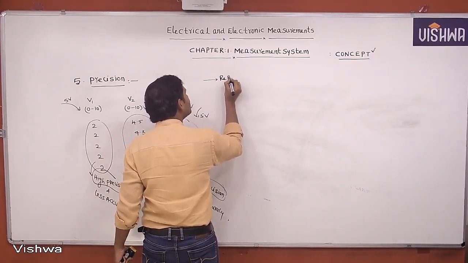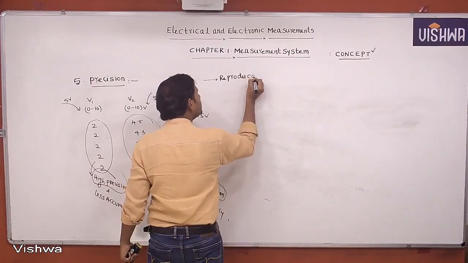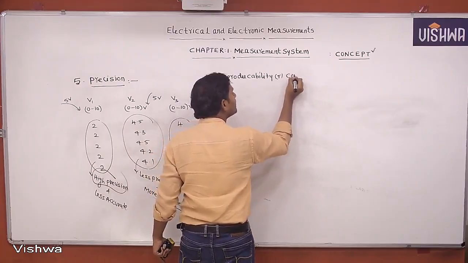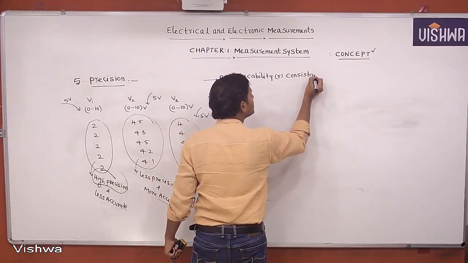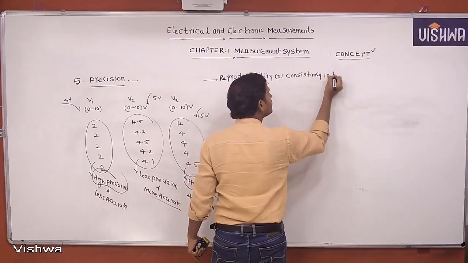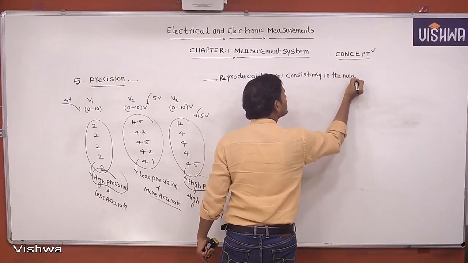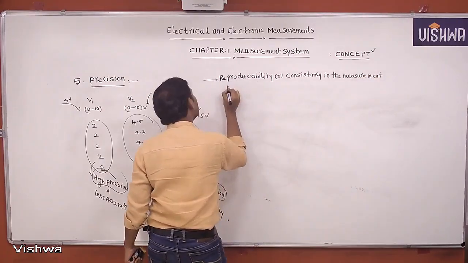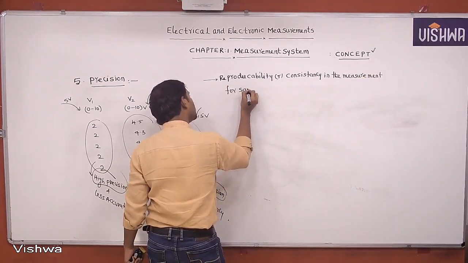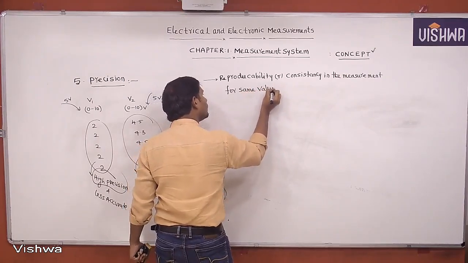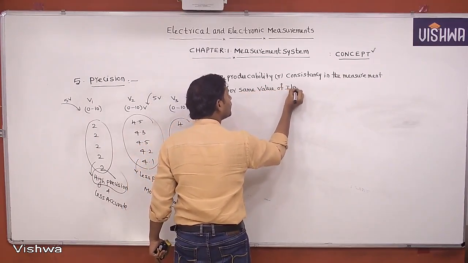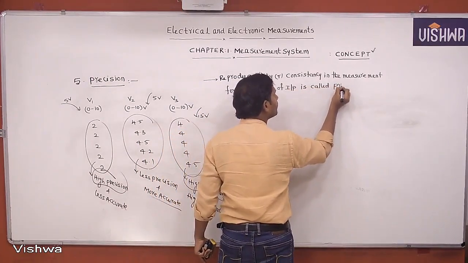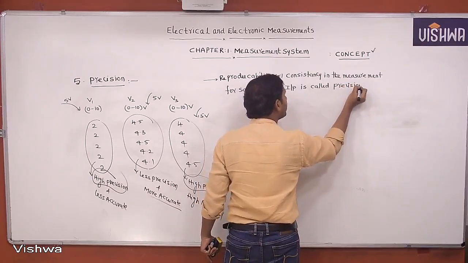Note down this definition: precision is reproducibility or consistency in the measurement for the same value of input. Okay, this is the definition of precision.